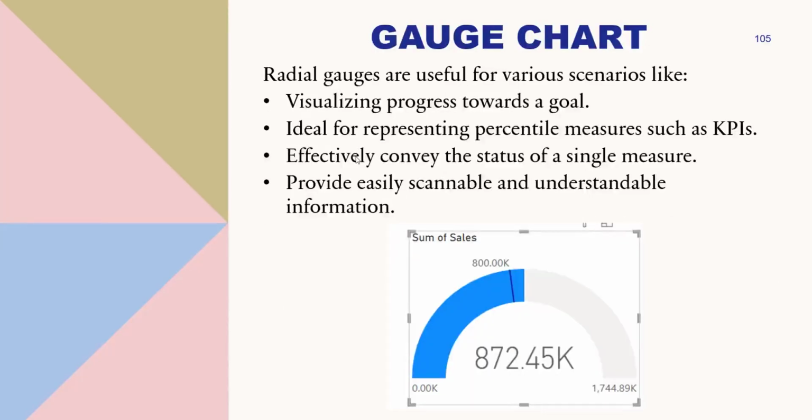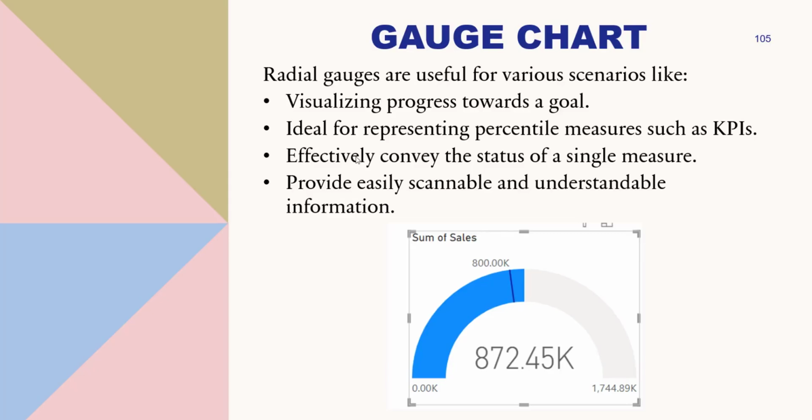So, gauge charts are useful for various scenarios like visualizing progress towards a goal, representing percentile measures such as KPIs, and effectively conveying the status of a single measure. Easily scannable and understandable information is derived from the gauge chart.